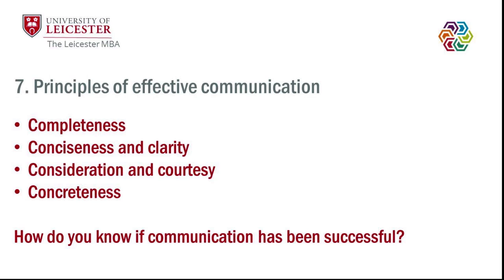Secondly, conciseness and clarity. A message is concise when it contains only relevant statements and eliminates redundancy. This might be irrelevant or superfluous information. In verbal and written communication, it might involve eliminating wordy constructions and unnecessary rhetorical flourishes.